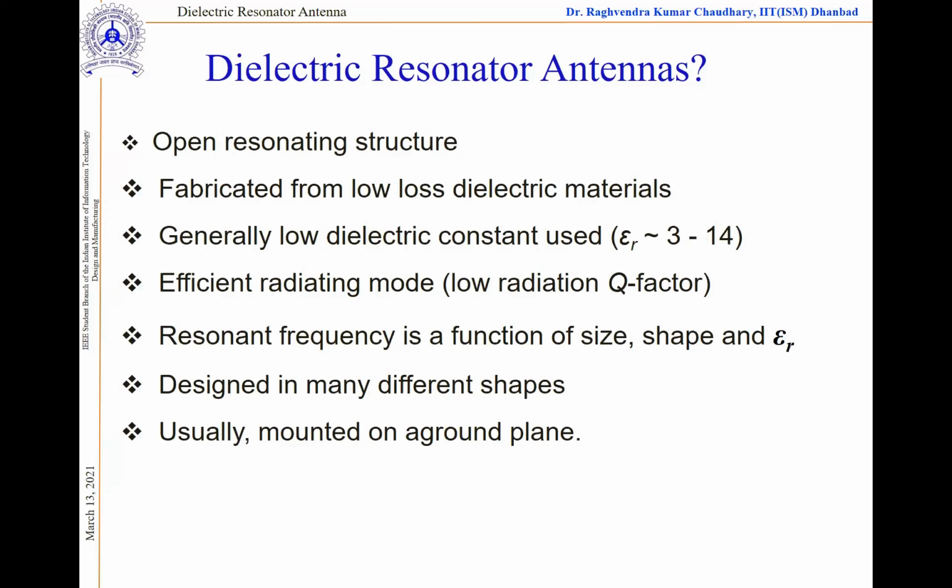The point I want to make here is how these things become a radiator. Try to understand that we are using a low dielectric constant so that we are altering the PMC boundary conditions. So we are providing space for this DR to radiate.